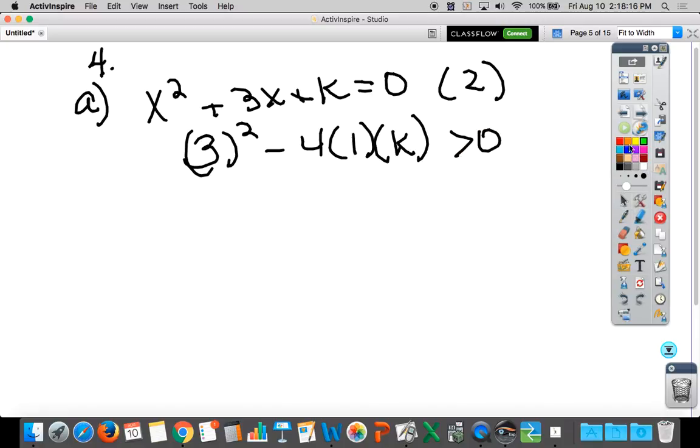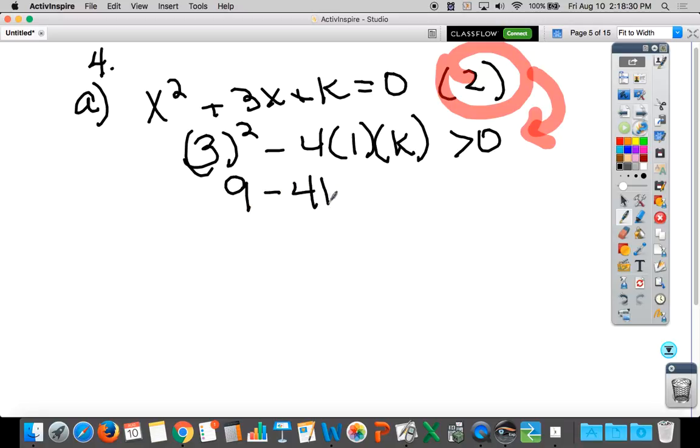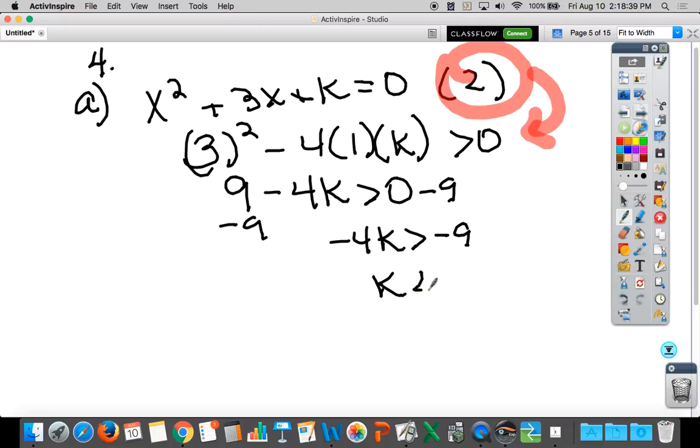This right here, everybody, leads me to that. You understand? So, 3 squared is what? Minus 4k is greater than 0. So, minus 9. So, negative 4k is greater than negative 9. So, k is less than 9/4. That's what I can deduce about the value of k.